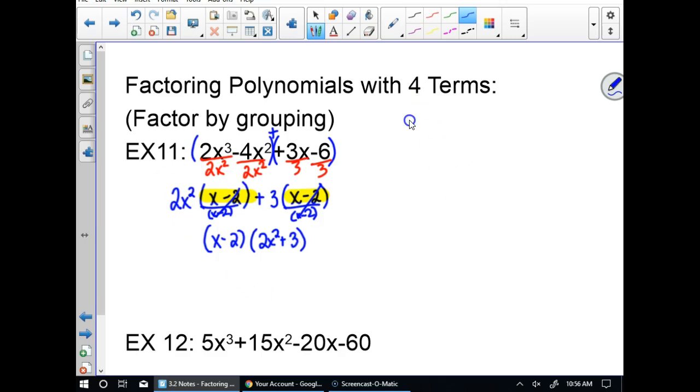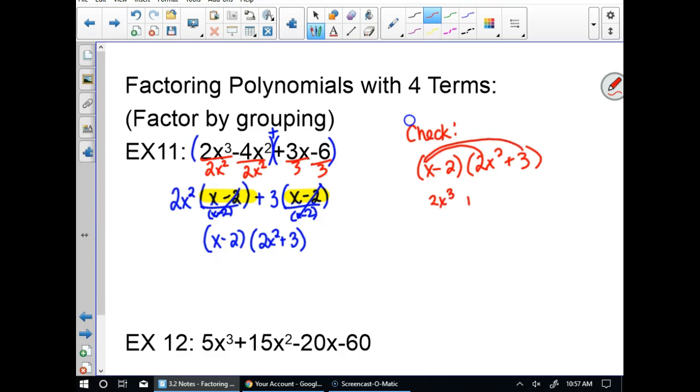I like factoring by grouping because there is no guesswork. You just have to find the greatest common factor and you get the right answer. Let's check this one just so you believe me that that is the right answer. If we multiply these together, first: x times 2x squared is 2x to the third.